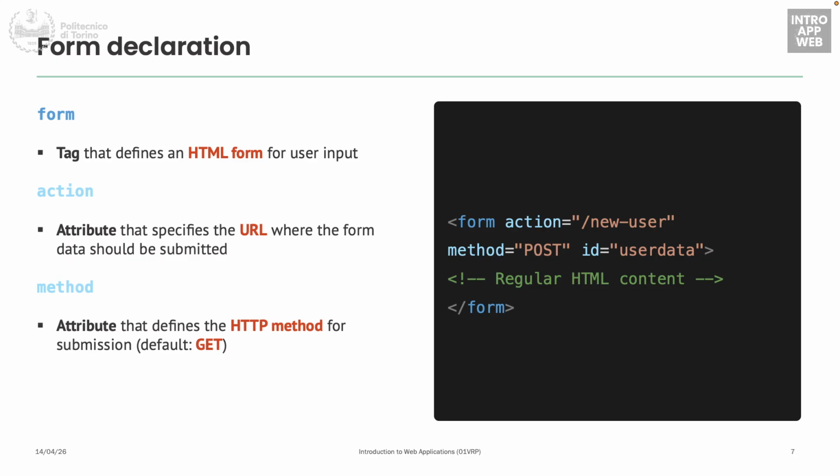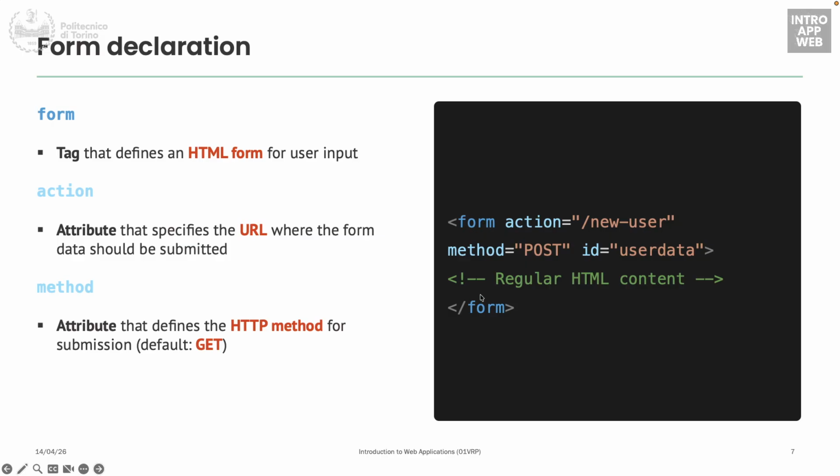So how do we create a form in HTML? It's super easy. This is the syntax, and let's see it piece by piece. First we have the form tag, which defines an HTML element for user input. As you can see here, we have this new tag that we haven't seen before, which is form.